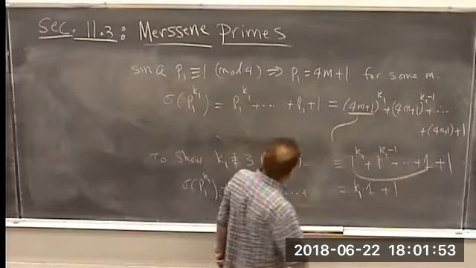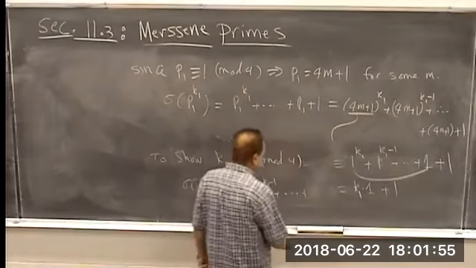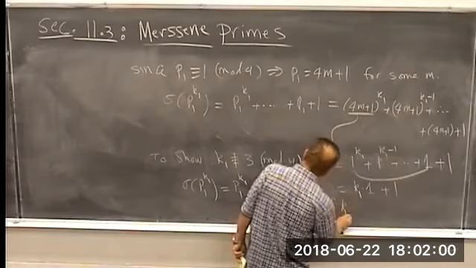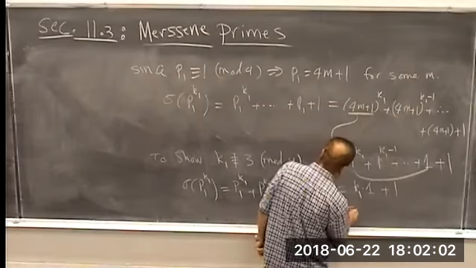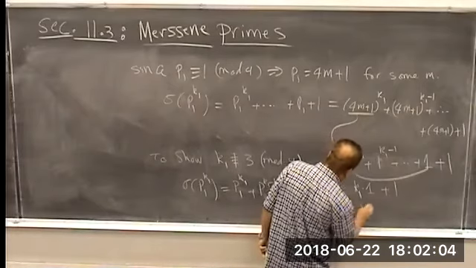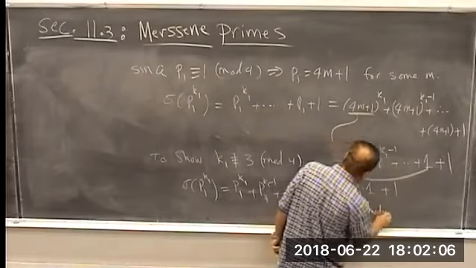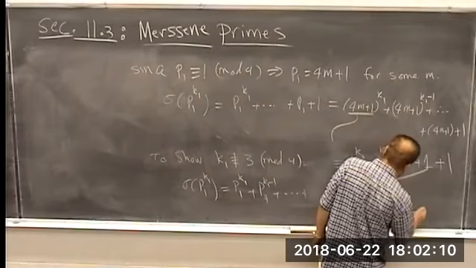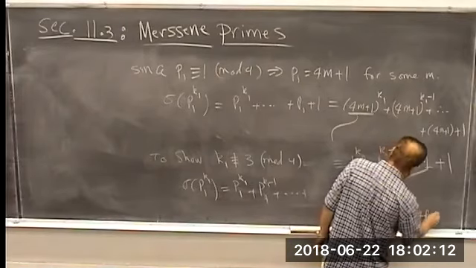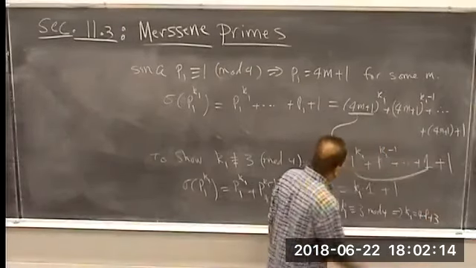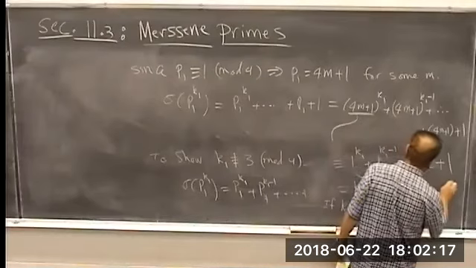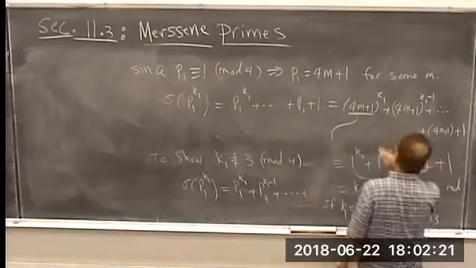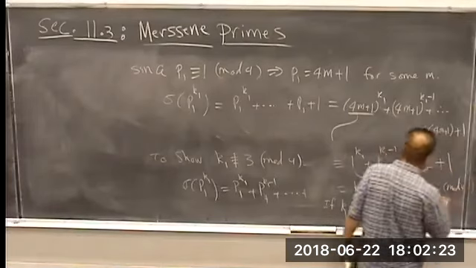And if we assume that K1 is congruent to 3 mod 4, this implies that K1 is equal to 4L plus 3. And again, all of this is taken mod 4.